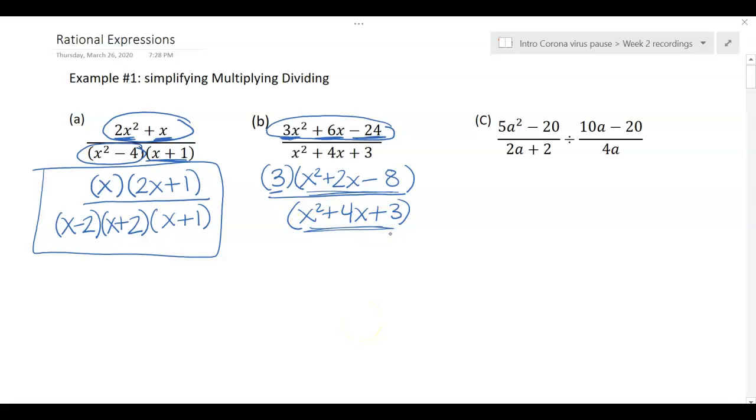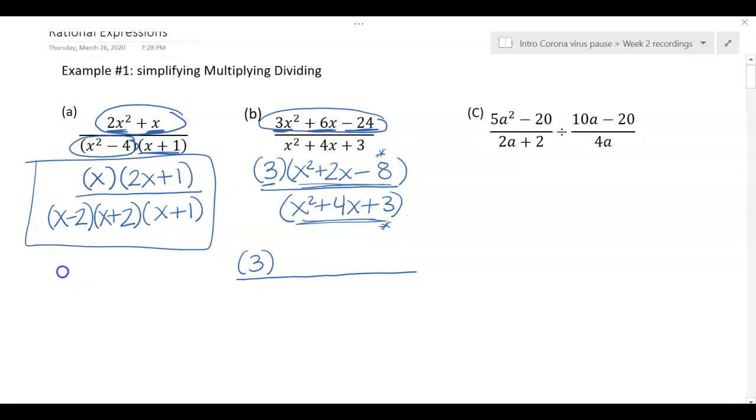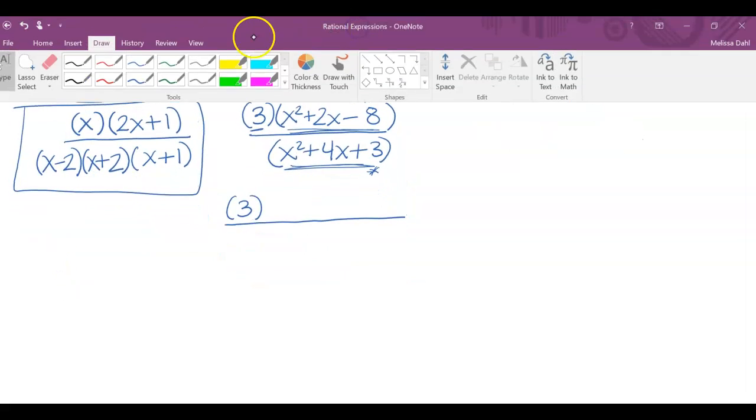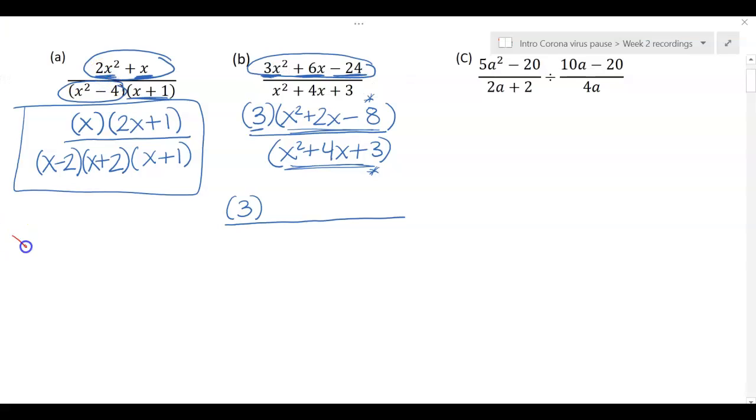Okay? However, I'm going to check to see if this and this are factorable because they are written in a quadratic form. Sometimes those are factorable, and if they are, I'm going to break them down even further to see if anything cancels. So when I look at x squared plus 2x minus 8, and for those of you that struggle with the factoring a little bit, if you remember, the a value here is 1, the c value is negative 8, 1 times negative 8 is negative 8, and then in the middle I'm trying to make a 2.